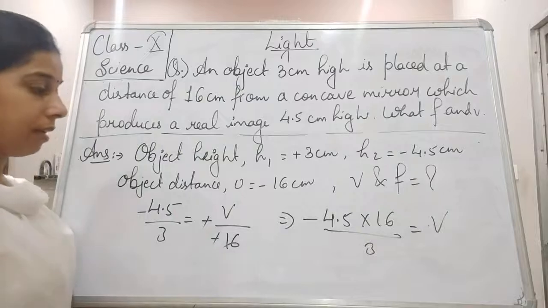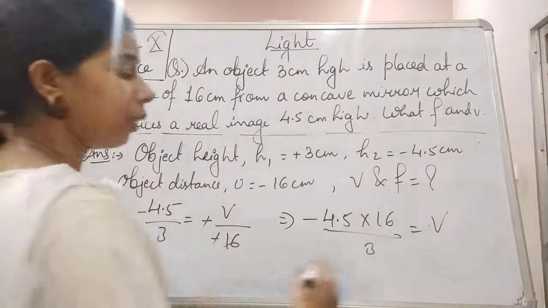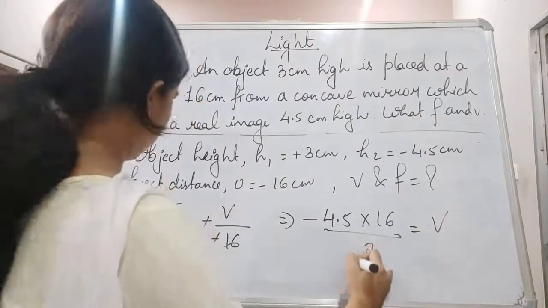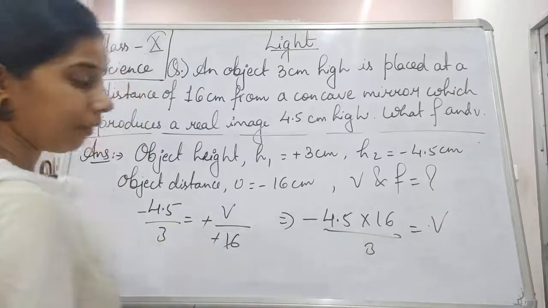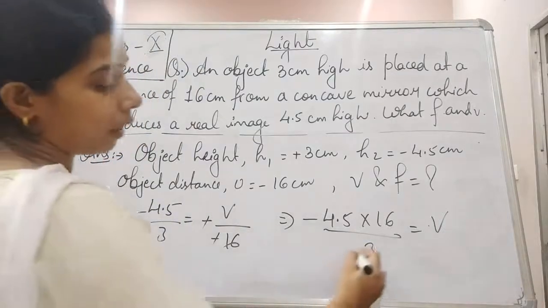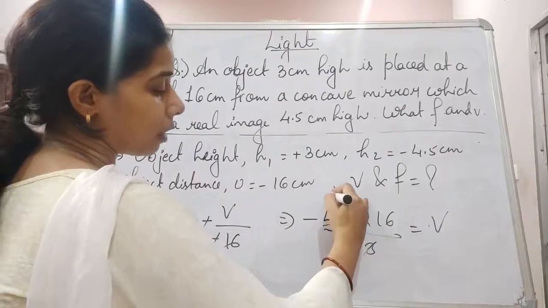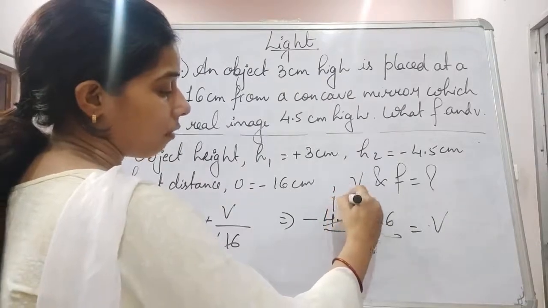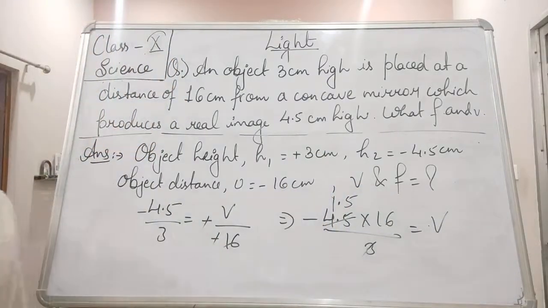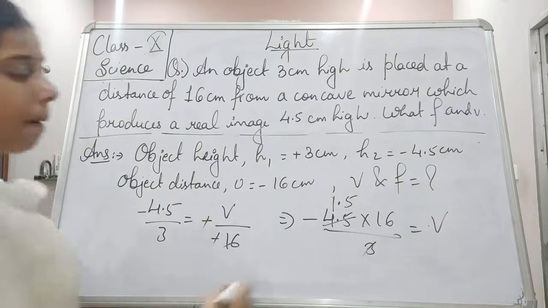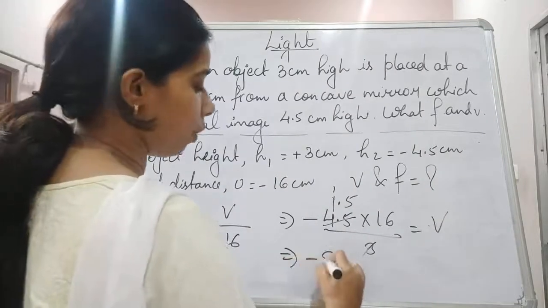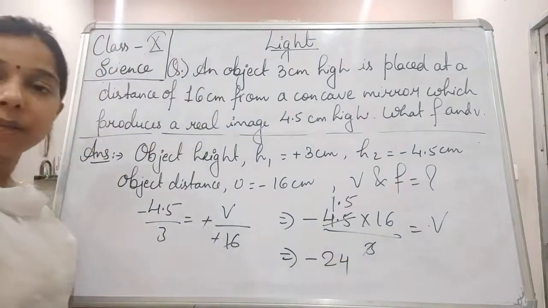Right? Now you can see here we will divide both of them, then we get the value here. 3 divided by this will become 1.5. 1.5 into 16 will be equal to minus 24.